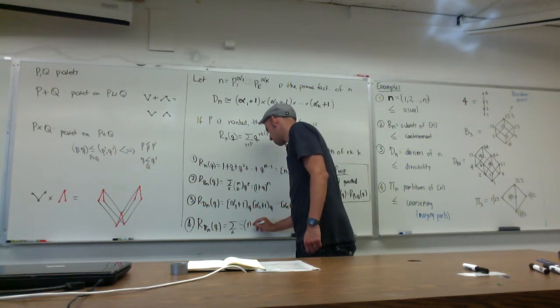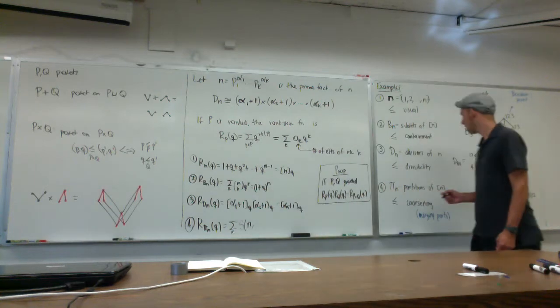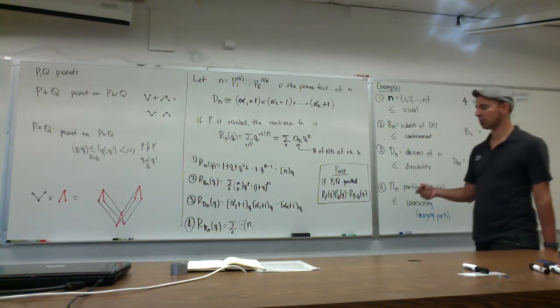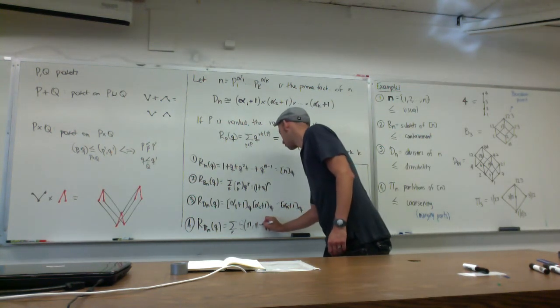What's the Stirling number? Right. If I want rank k, then I want to have n minus k parts. Because this is 3 parts rank 0, 2 parts rank 1, 1 part rank 2. So if I want rank k, I need to have n minus k parts.